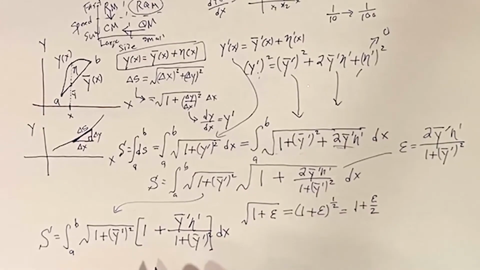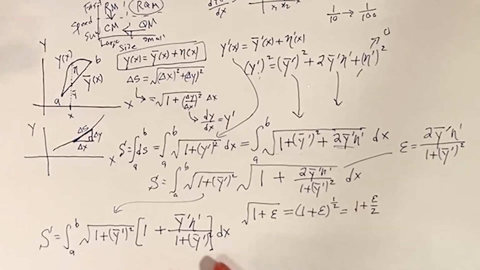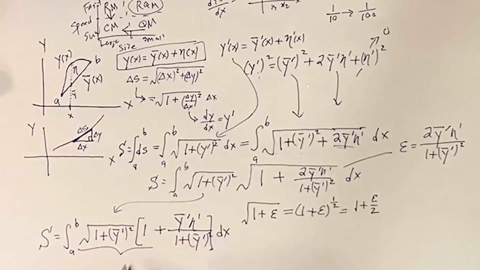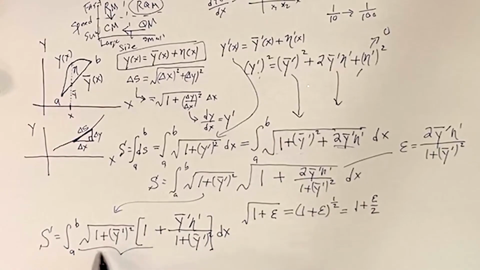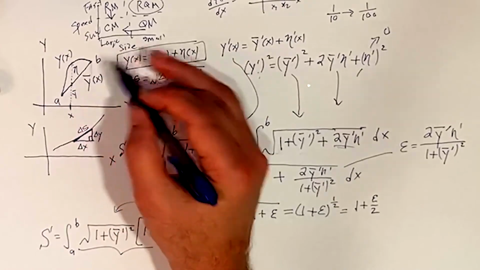So this is very, very elegant, where we can write down now that this is the part that's going to get me the correct answer, and this is the error term. Because y bar, that's the correct answer, that's the straight line.